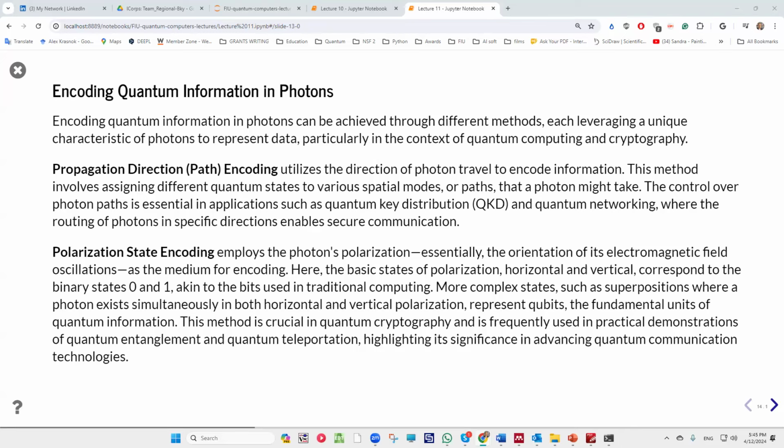Let's say a photon can go horizontally or vertically. That's one way. A photon goes either horizontally or vertically, or both directions simultaneously.